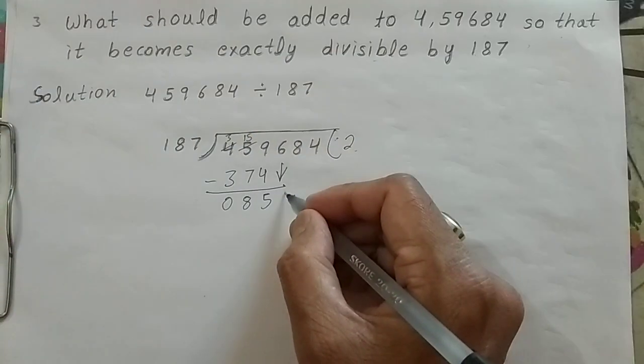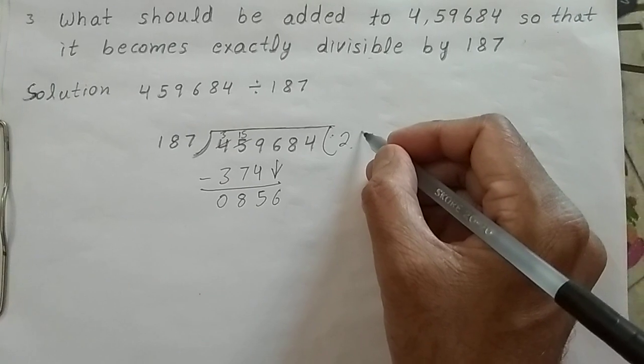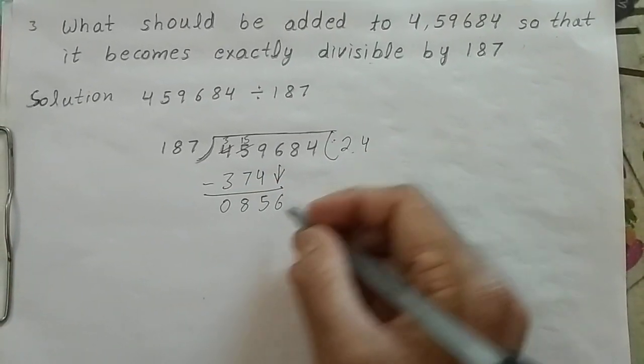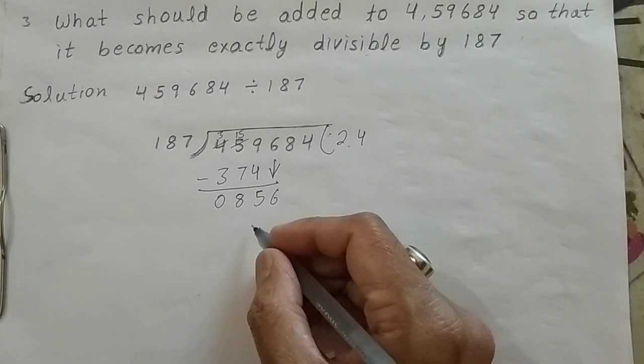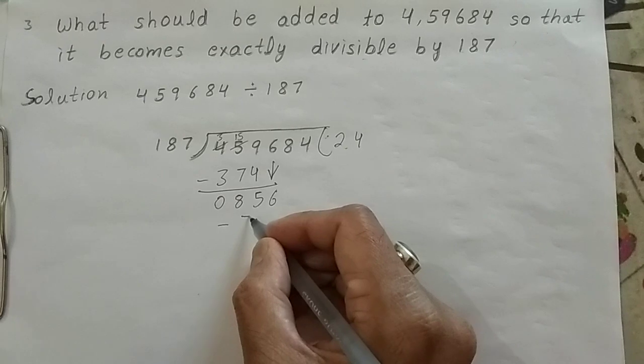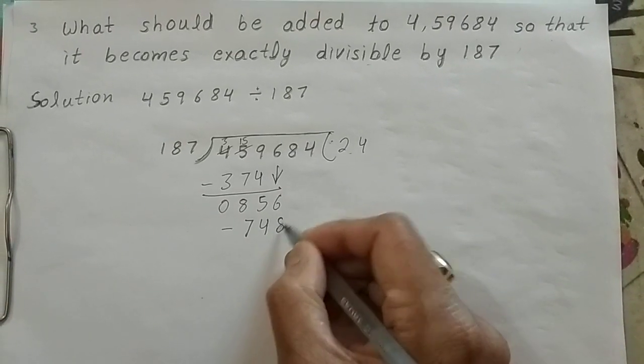Now write down this 6. Now multiply by 4. So what do we get? 748.